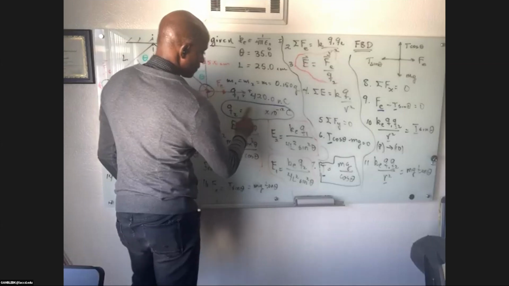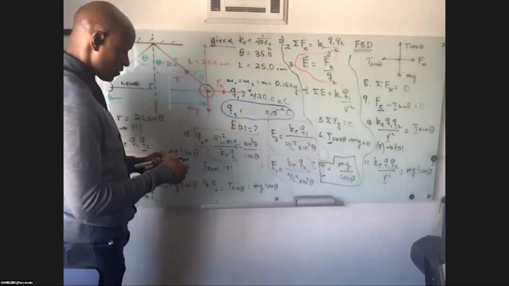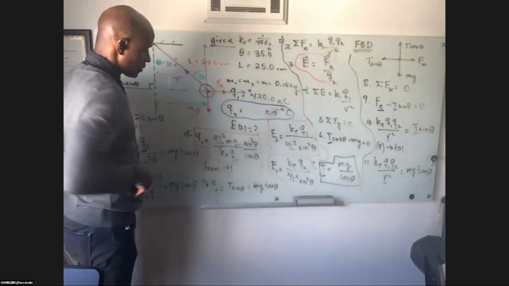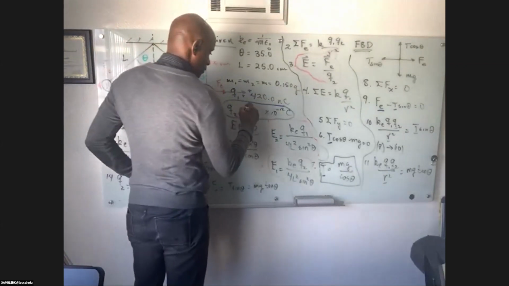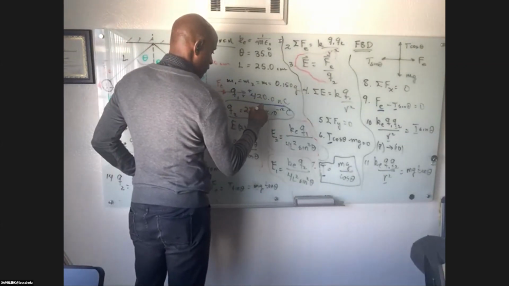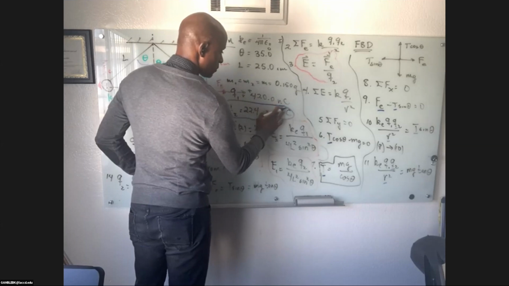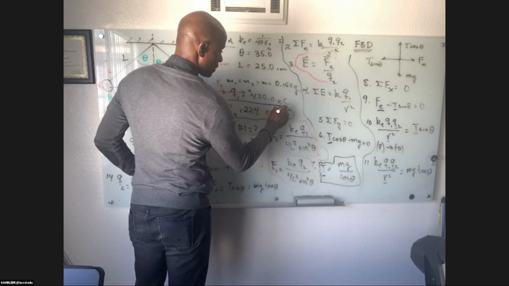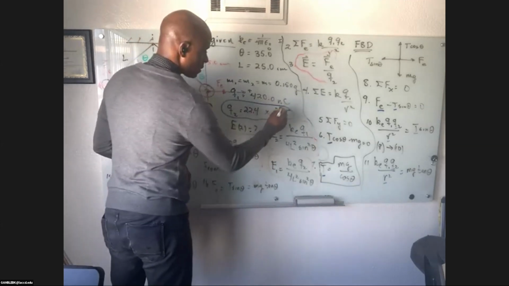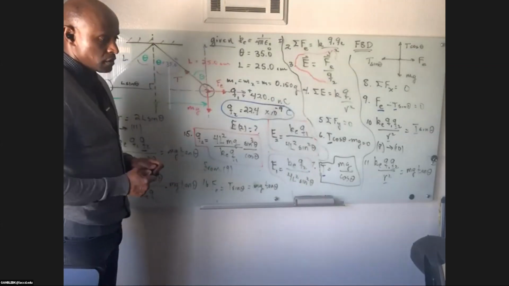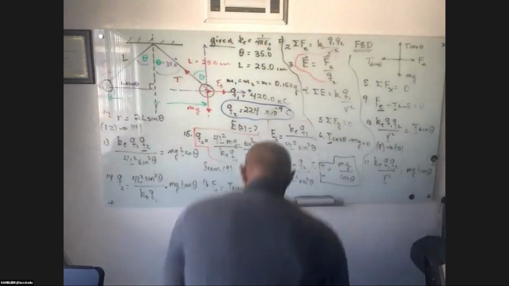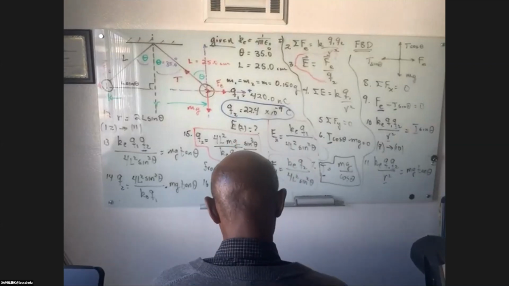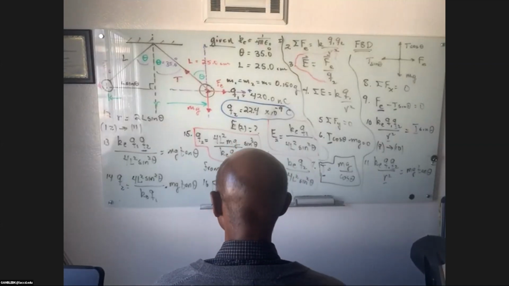I forgot to multiply by g here. So 22.4 nanocoulombs, 10 to the negative 9. Third time's the charm.